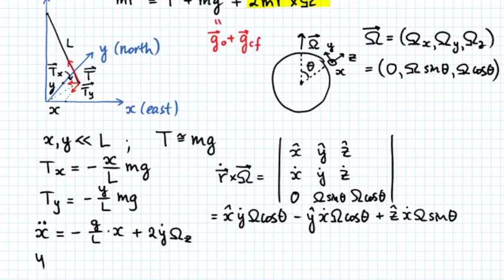And similarly for the y component we get y double dot equals minus g over L times y minus 2 x dot omega z.